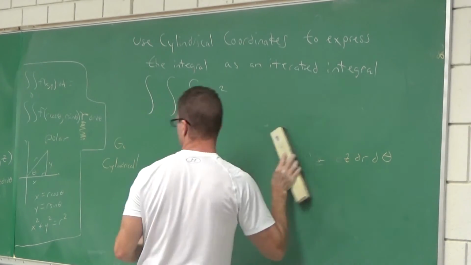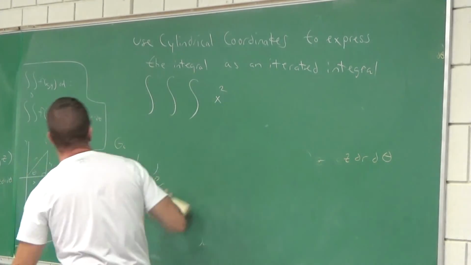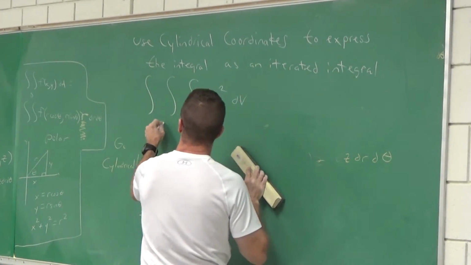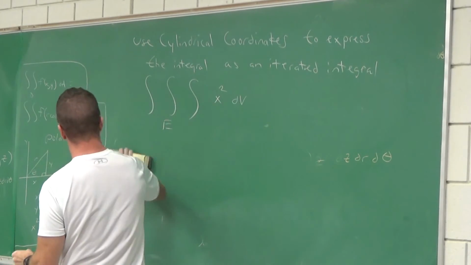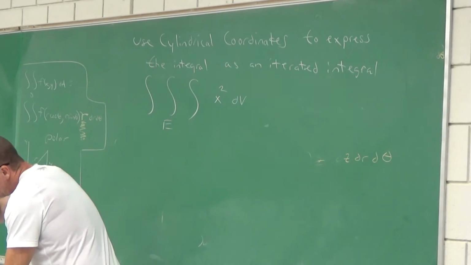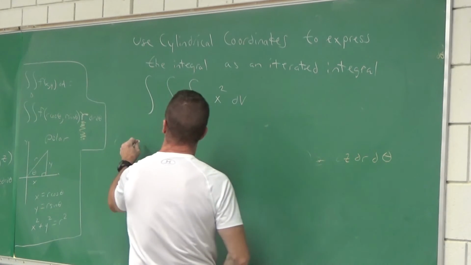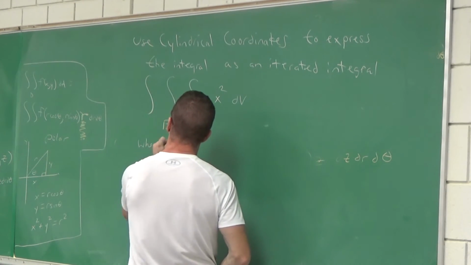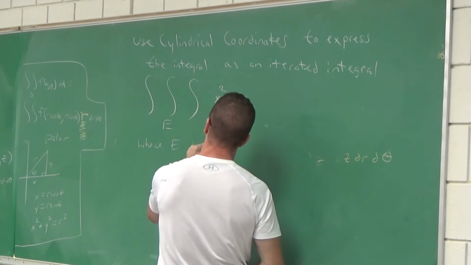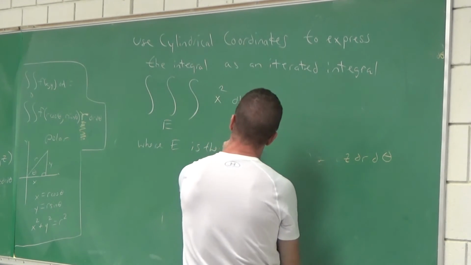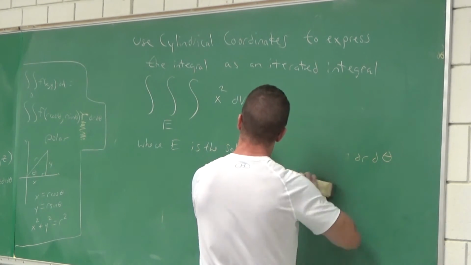X squared dV, where E is the solid that lies inside.